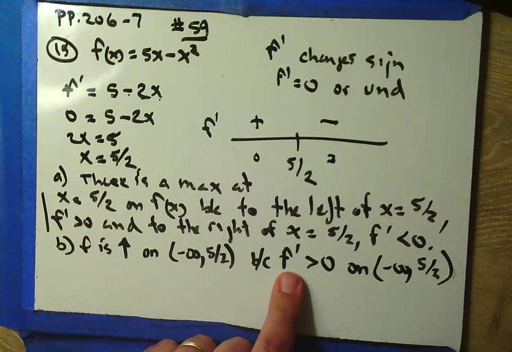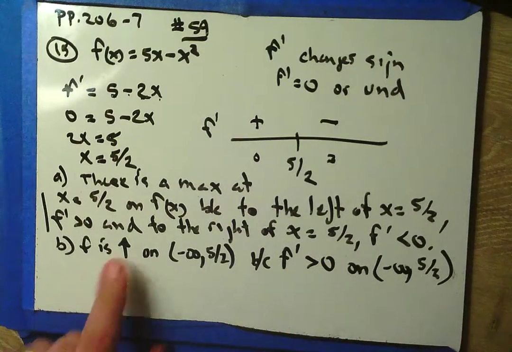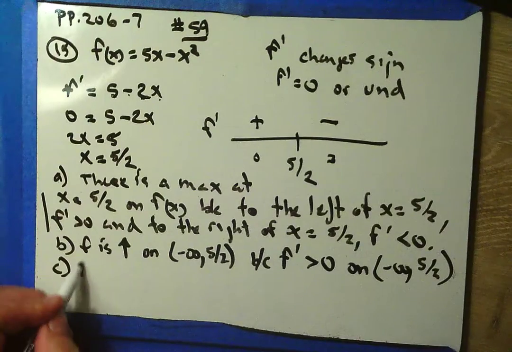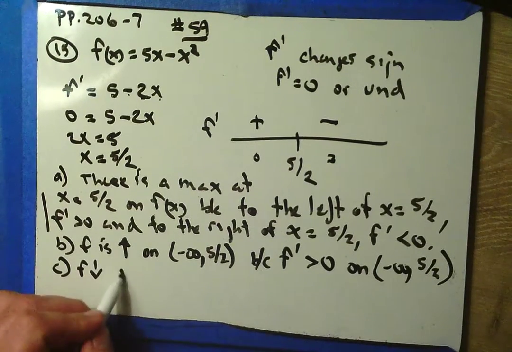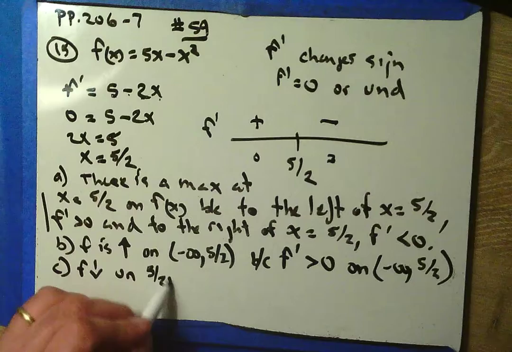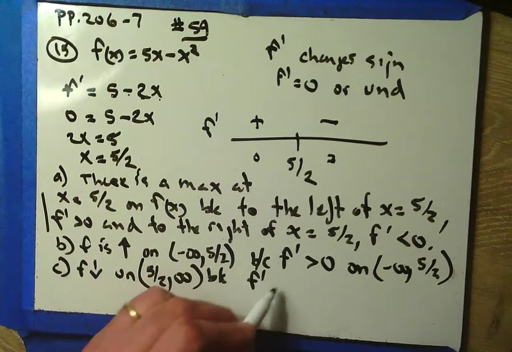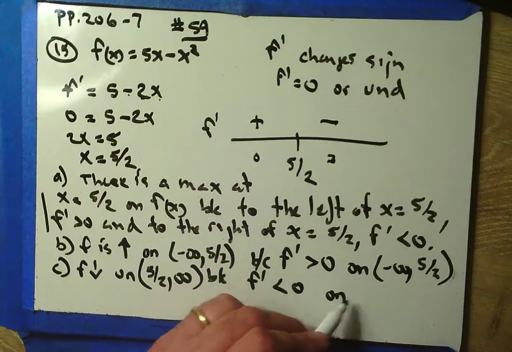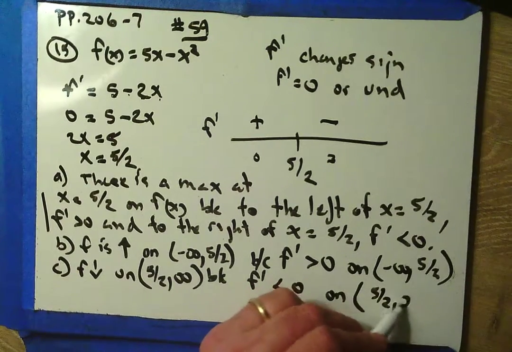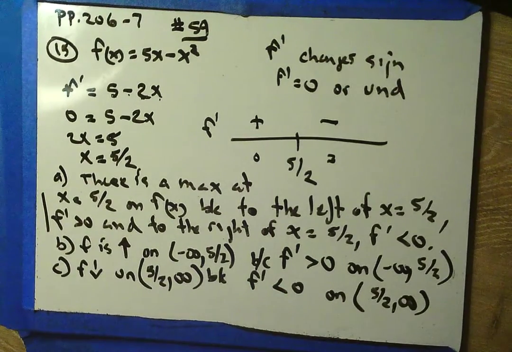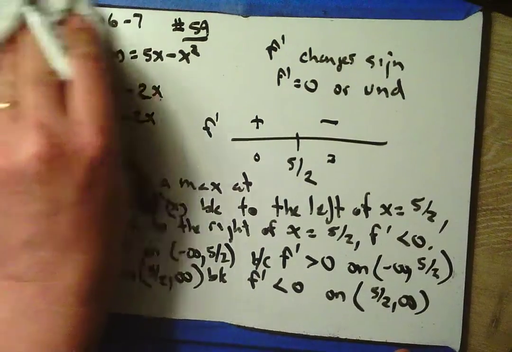So whenever f prime is positive, we know f is increasing. And likewise, f is decreasing on 5 halves to infinity, because f prime is less than 0 on 5 halves to infinity. Okie doke. All right, next we've got 17.